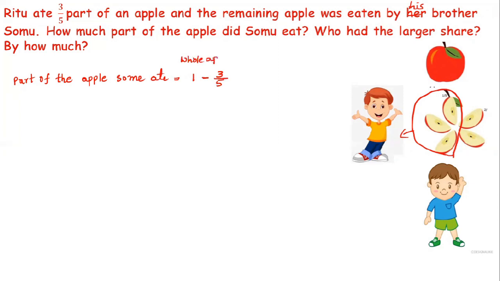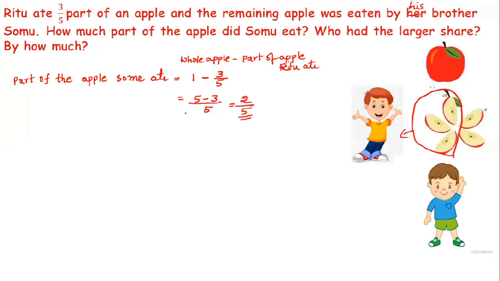So 1 whole apple minus the part of apple 3/5. Now subtract. The denominator is 5. 5 1s are 5, minus 3. 5 minus 3 is 2/5.